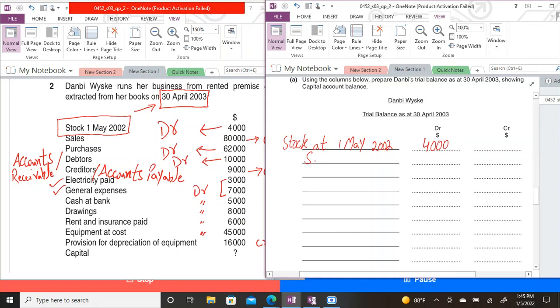Then sales, the income of the business, it is credit 80,000. Then purchases, goods bought for the purpose of resale.